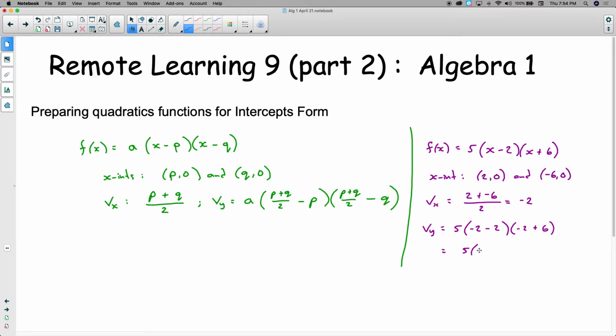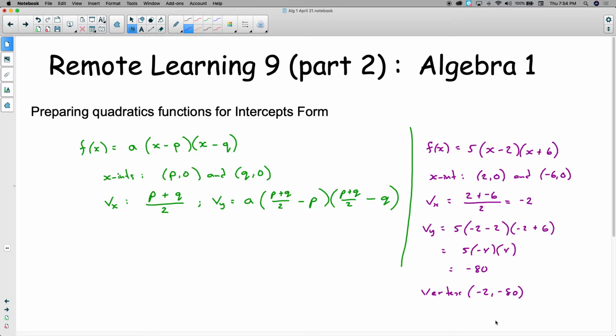And in this problem, it looks like I get negative 80 for the y part. So now I know the vertex is at negative 2, negative 80. Okay, so that's a recap.